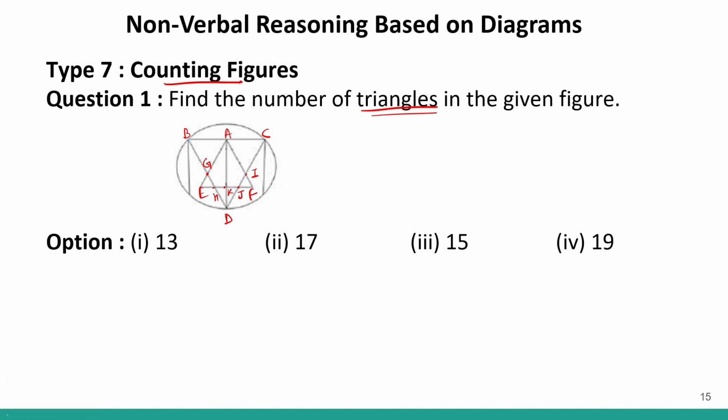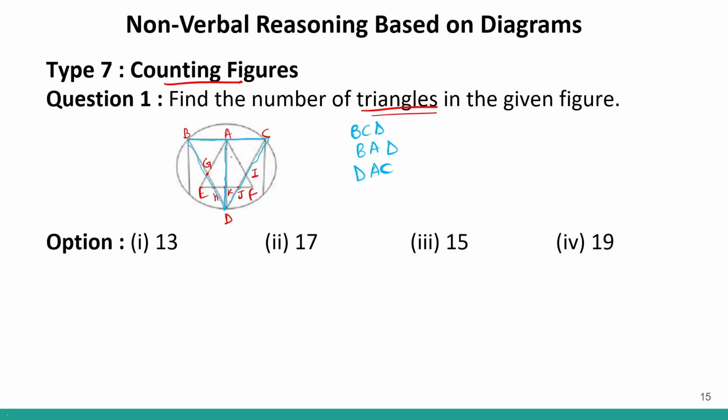Now if you look over here, this is the main triangle I can see. This is B, C, D. Similarly, I can see this is a line going, so I can see two triangles, which is BAD and DAC. Correct?